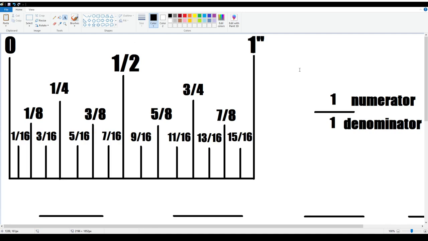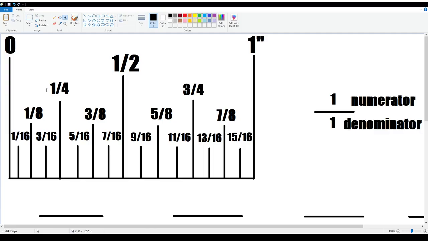hash marks for our 1 inch on a tape measure, and all the hash marks slowly got shorter as the fraction got smaller. The denominator gets bigger as the actual fraction gets smaller. Started off with these long vertical lines, 0 inch, 1 inch. Got a little bit shorter for our half inch.